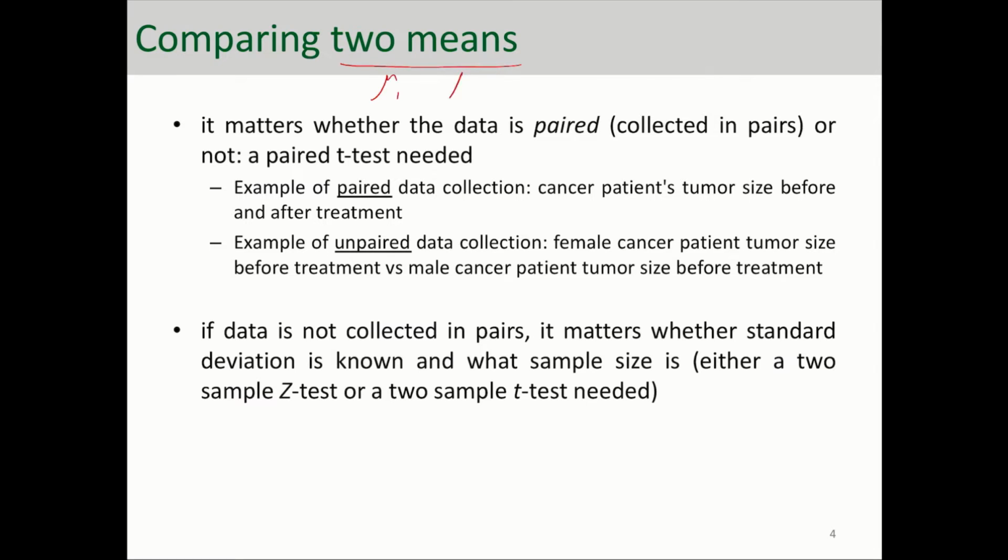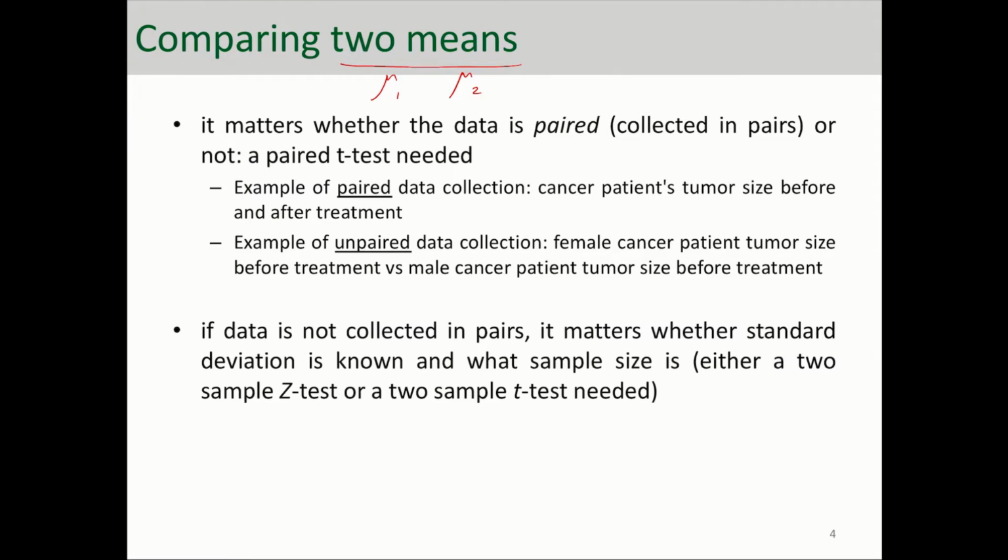Let's look at comparing two means, mu1 and mu2, and it matters whether the data is paired or not paired. Those two populations, are they collected in a paired fashion or not paired fashion? So paired data is when you collect the data from the same subjects. Let's say here is cancer patient tumor size before and after treatment.